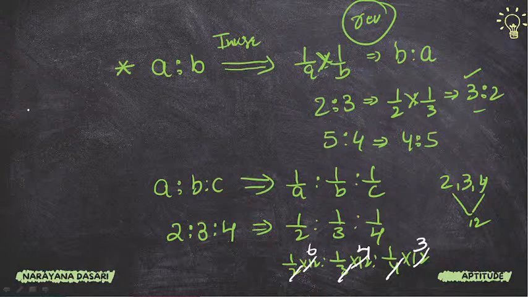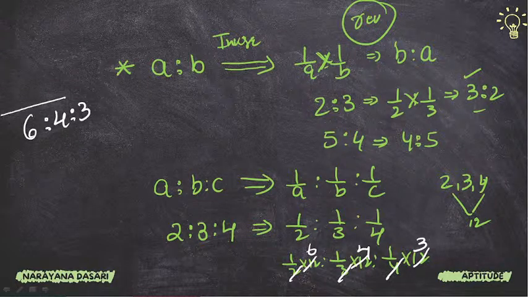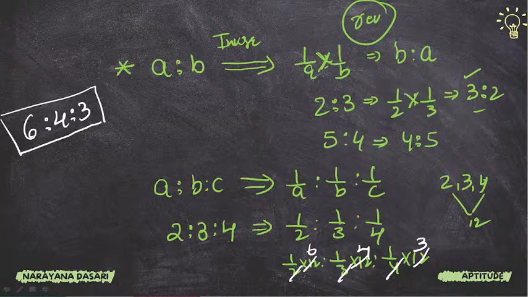Any cancellations? No cancellation. The final answer is 6 is to 4 is to 3, guys. That is the answer.